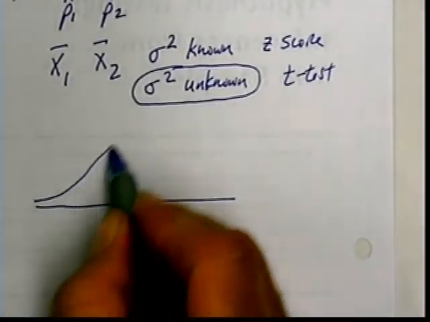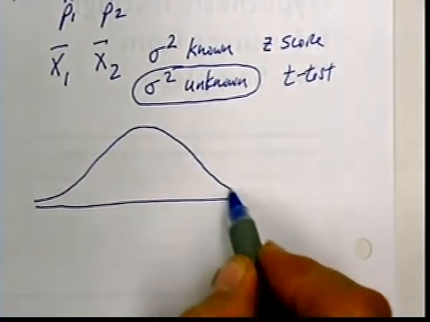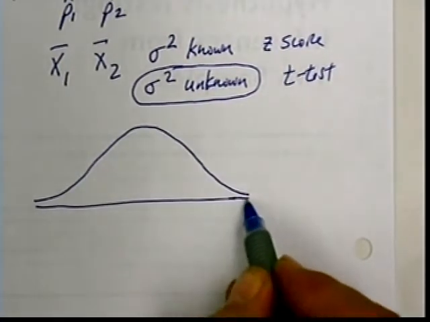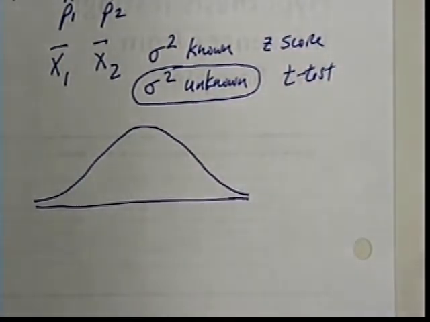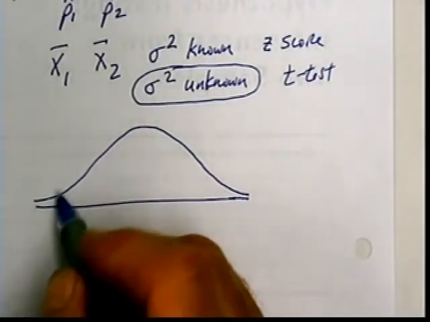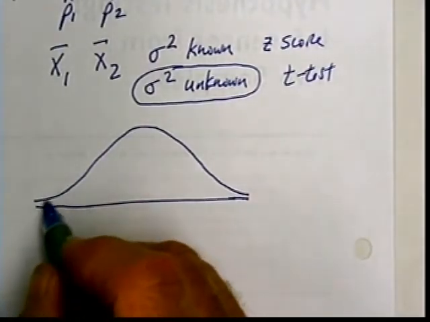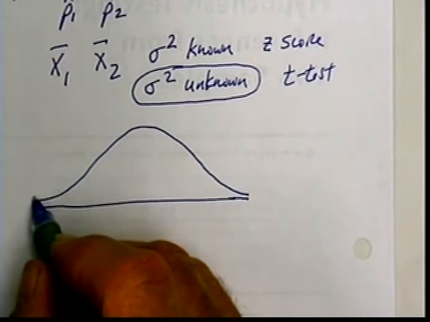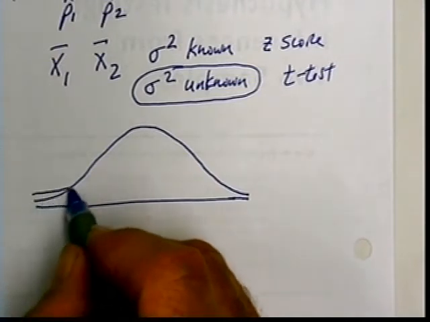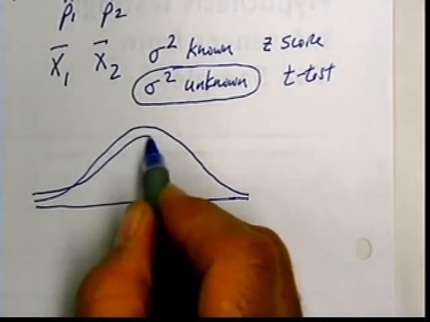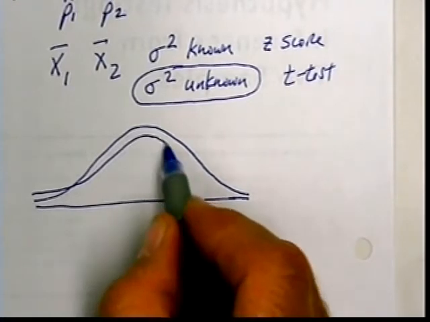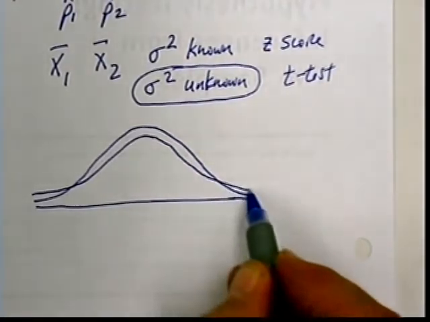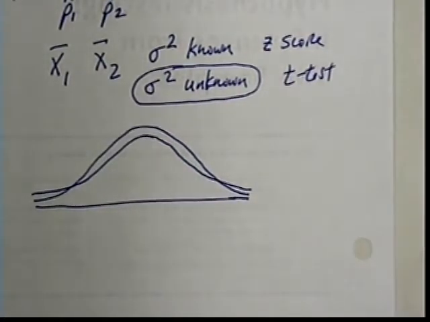If this is the z-score distribution, the t-test is just a little bit different, like that.